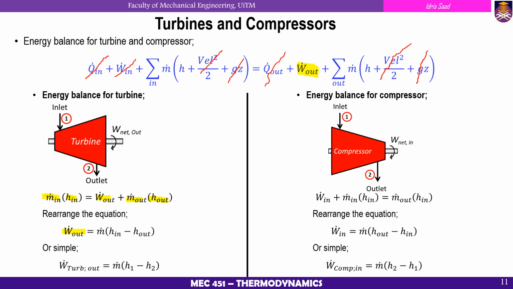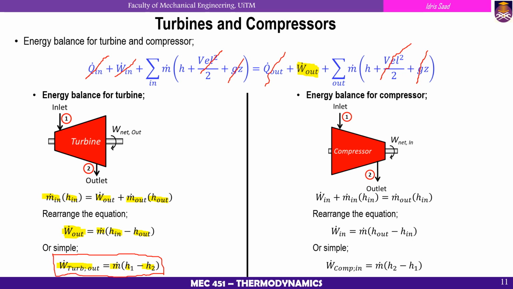So we can rearrange this equation: the work dot out, or the rate of work, which is power, is equal to mass flow rate times h in minus h out. Or we can say the power of the turbine is equal to m dot times h1 minus h2. This is the general equation for the turbine.